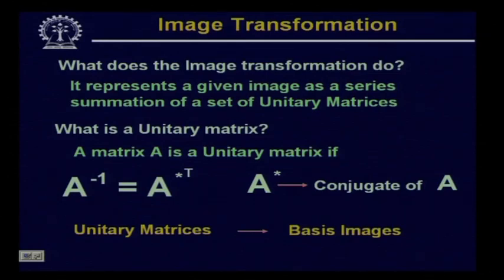So, a matrix A will be called a unitary matrix if the inverse of the matrix is the same as, first you take the conjugate of the matrix A, then take its transpose. So, A inverse will be equal to A star transpose, where A star is the complex conjugate of each and every element of matrix A. And these unitary matrices we will call the basis images.